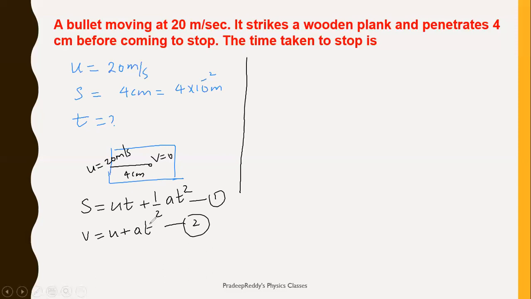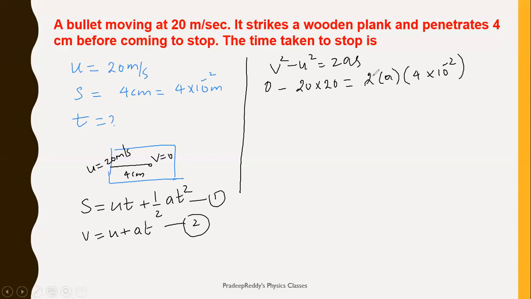Now, in order to find out a, I will use v square minus u square is equal to 2as. 0 minus 20 into 20 is equal to 2 into a into s, which is 4 centimeter, 4 into 10 power minus 2.